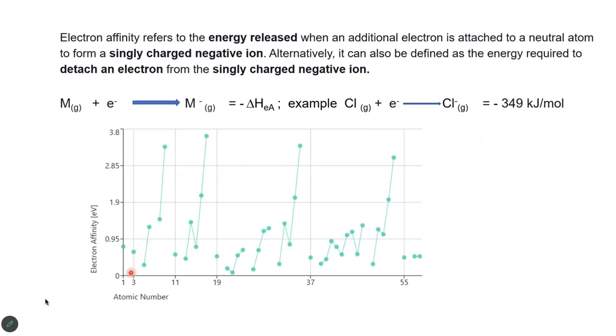We can see electron affinity given in electron volts versus atomic number. Again there is a general trend to increase along a period and decrease along a group.